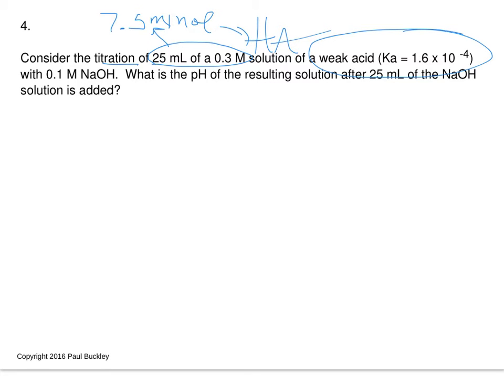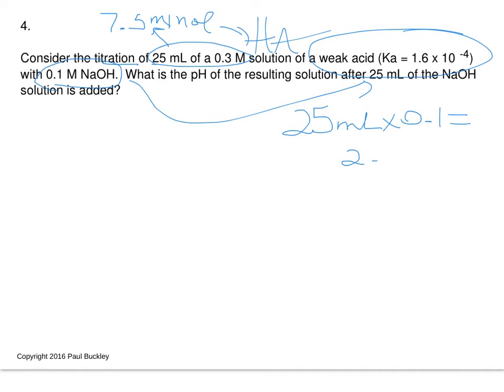And let's see how many millimoles of sodium hydroxide we have. So 25 mils of sodium hydroxide times 0.1 mole per liter. So we have added 2.5 millimoles of OH.